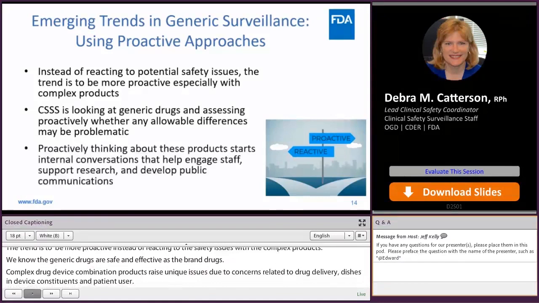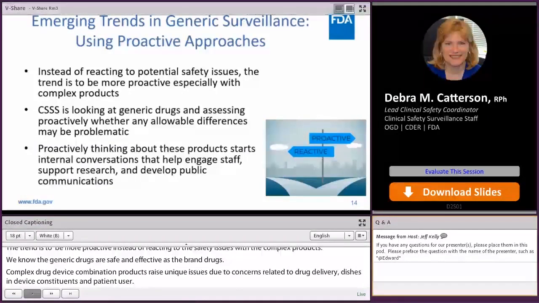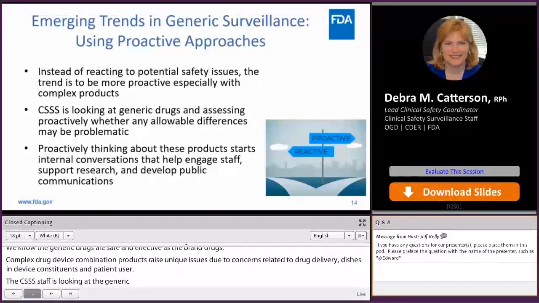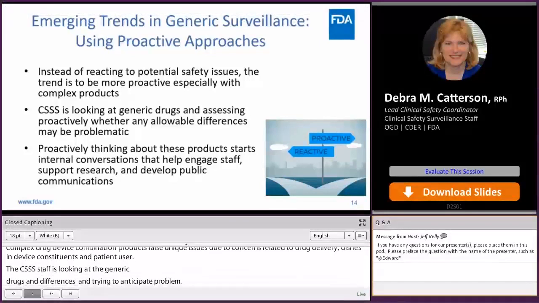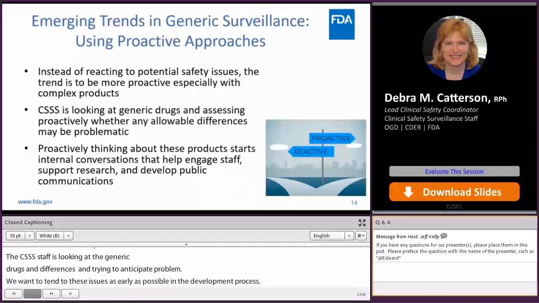We want to think about these potential drug safety issues as early as possible in the ANDA development process. And we're looking into the use of exploratory analyses that may help us early detect generic drug complaints or medication use errors at the patient-user interface.